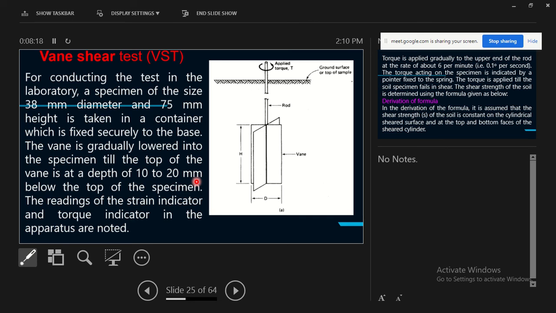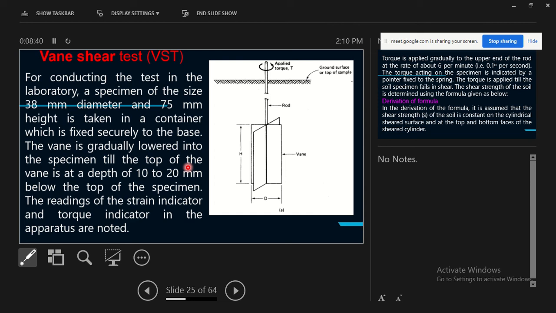In the laboratory, this is the size of the specimen, which is fixed on a secure base. Because the torque is applied at a certain rate, the specimen has to be secured properly. So we say it is fixed securely at the base.